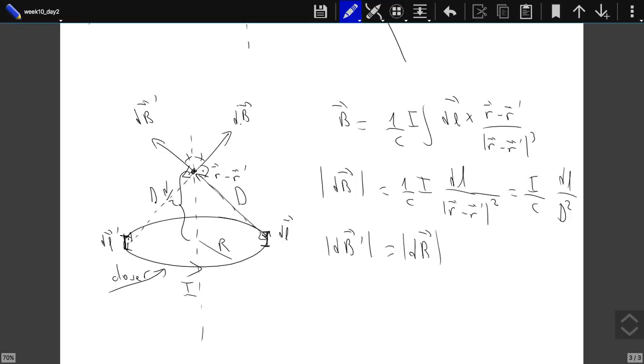But we have these two vectors which make the same angle with the z-axis. So if we sum them up, I just obtain a vector in the z direction. So the total magnetic induction will be basically in the z direction. It won't have any other components.